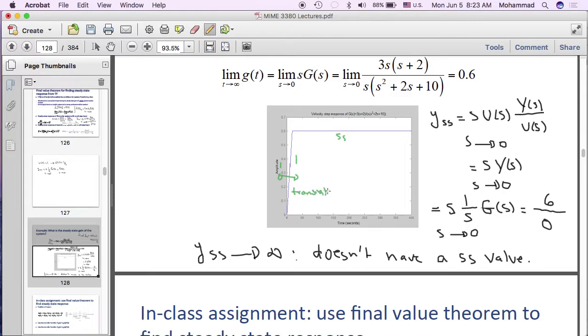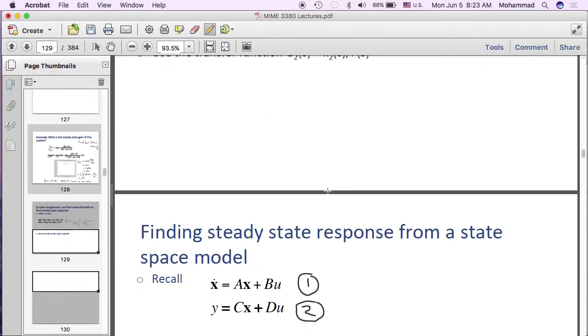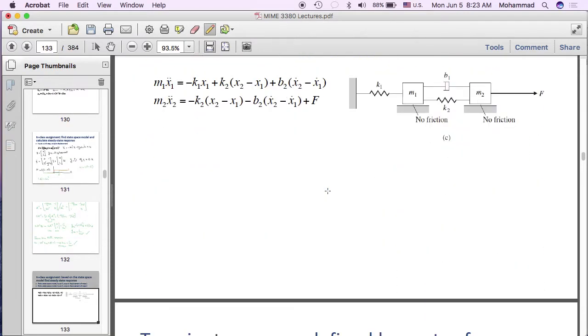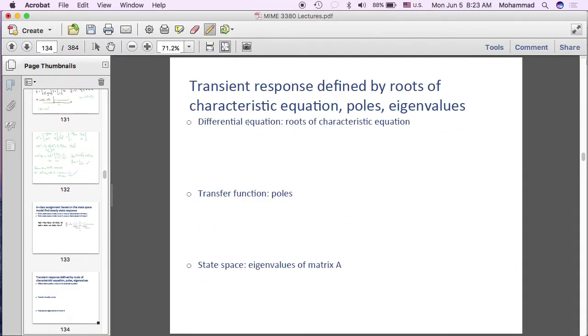Okay, so what are we saying? We are saying how this transient response looks is defined by the poles of the system. But you may ask me, don't we have 3 different kinds of system models?